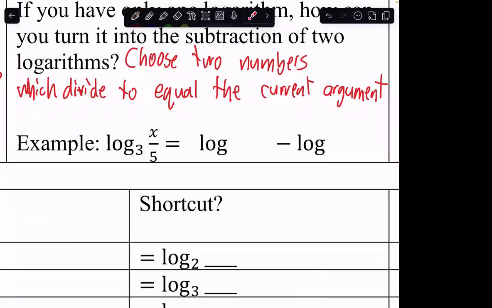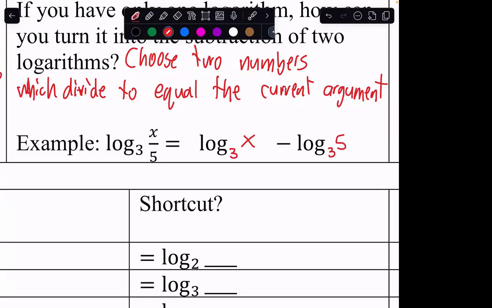So the simple choice, if it's already a fraction, fraction bar means divided by. So x over 5 means x divided by 5. So you could split this up to log base 3 of x minus log base 3 of 5.